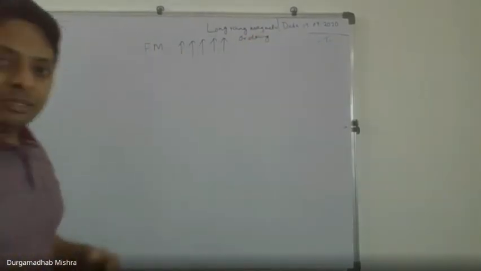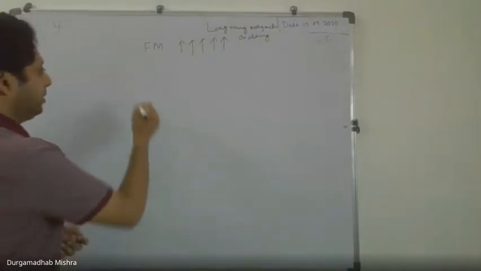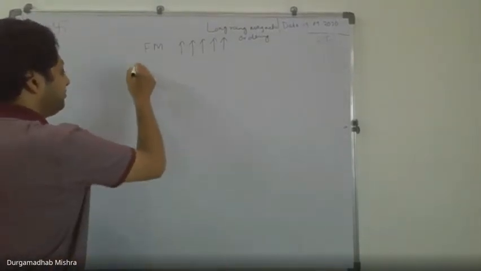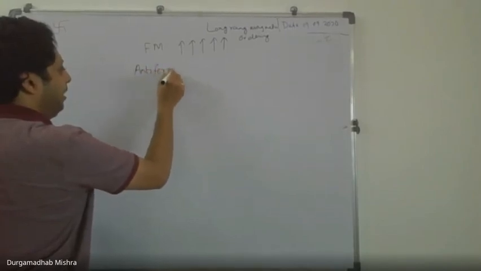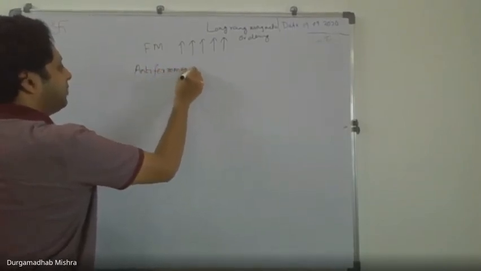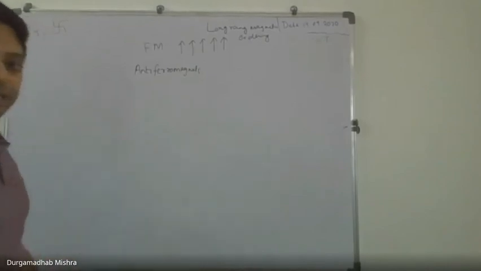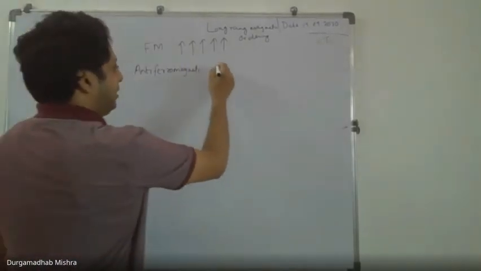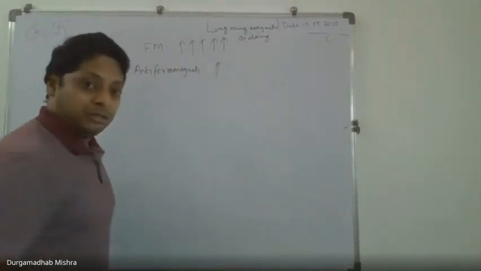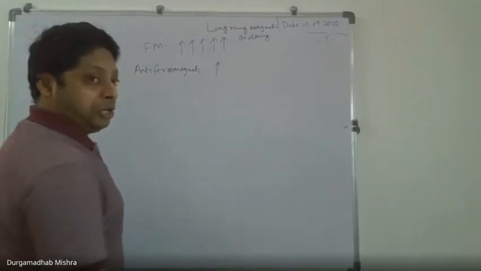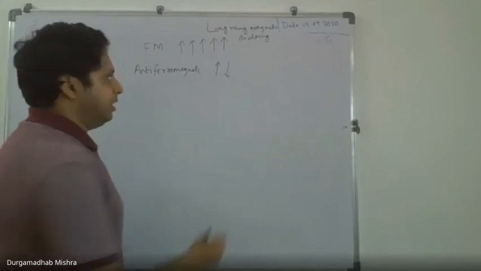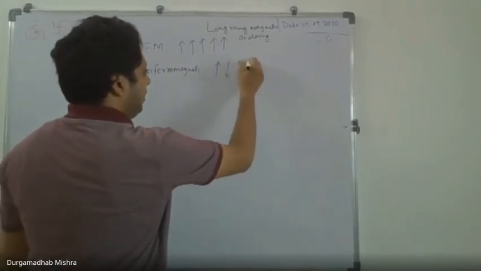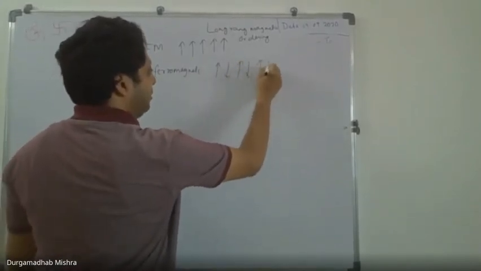Okay, so there are certain materials also known as antiferromagnets. Okay, so in these cases, the magnetic ordering is different. If you look at alternate spins, they will be anti-parallel to each other.